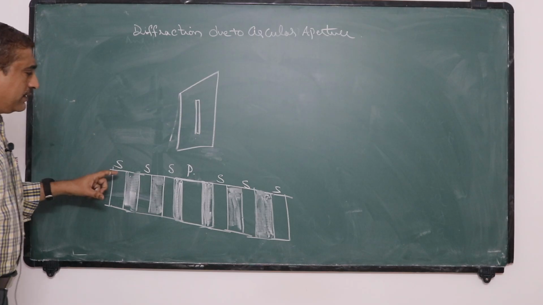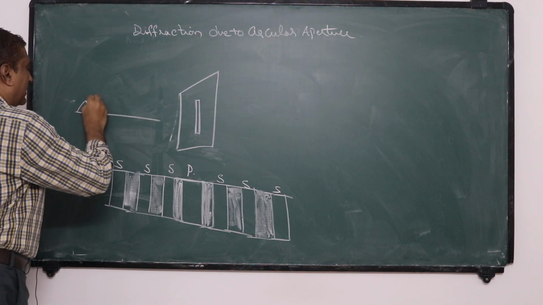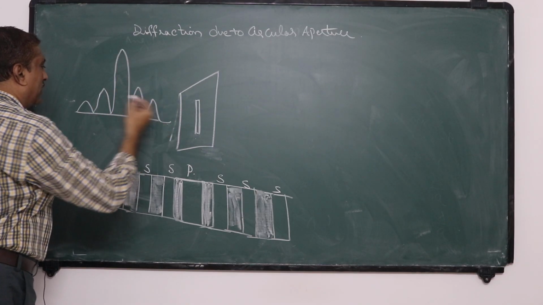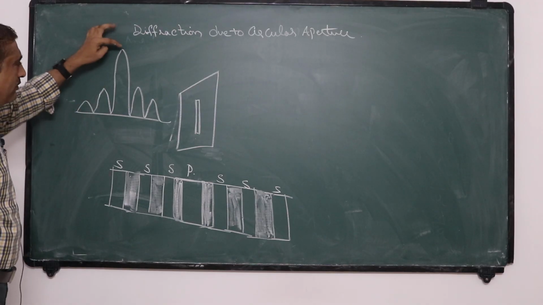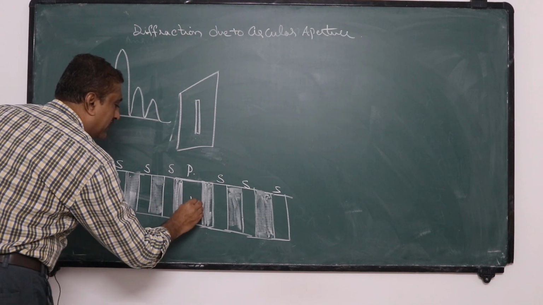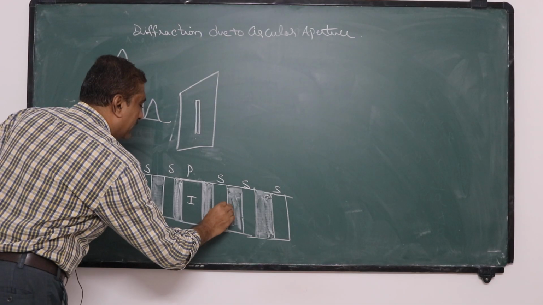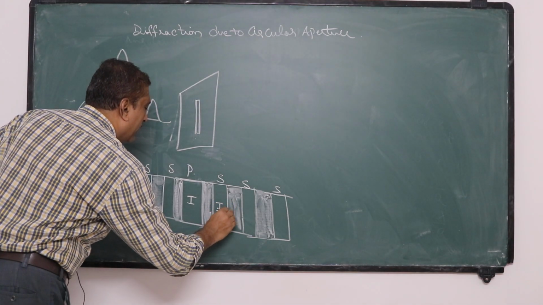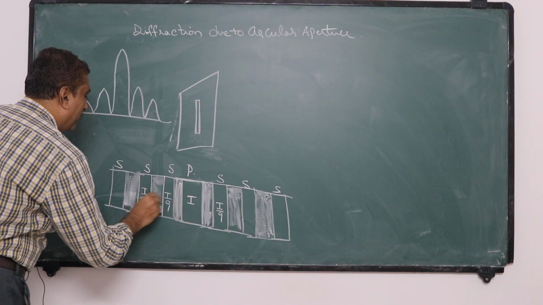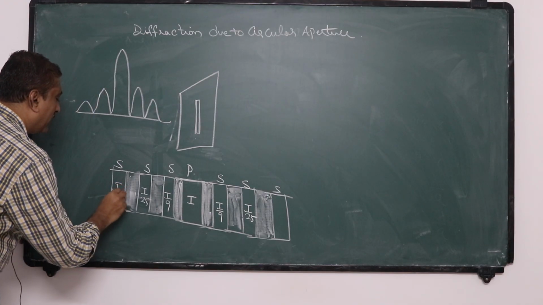In the pattern, as we discussed in the last class, this is of highest intensity and corresponds to the principal maximum. Suppose we assume that this is I, then this is I by 9, this is I by 25, and this is I by 49.